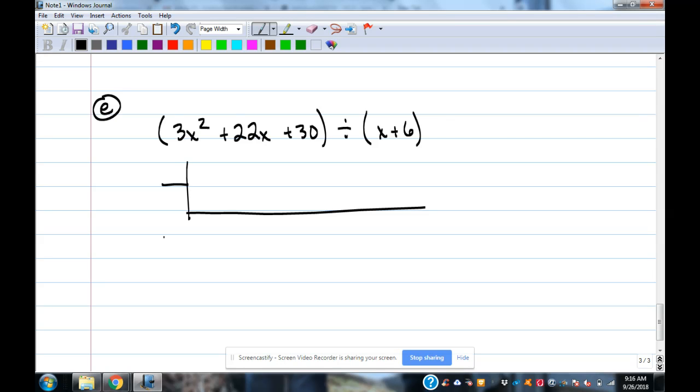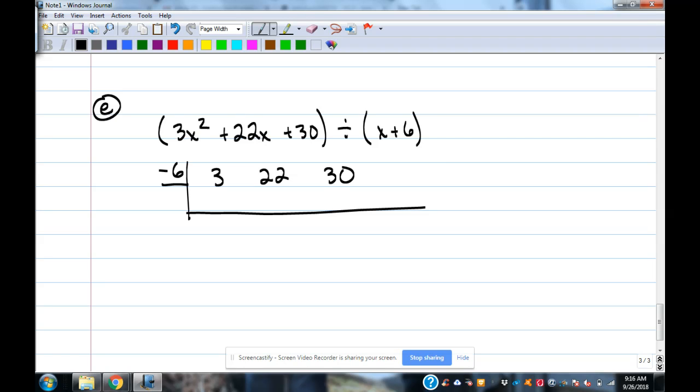Because when you set x plus 6 equal to 0 and solve it, you get -6. And then we're going to put the coefficients up here. 3, 22, 30.